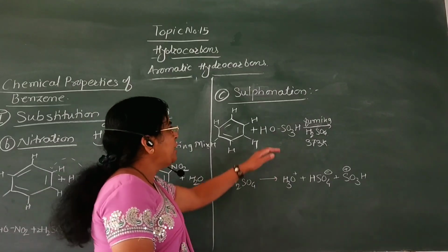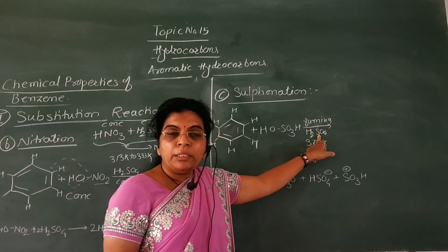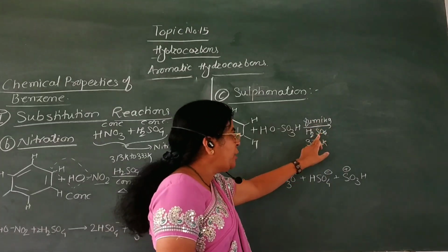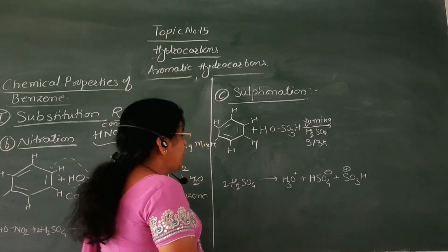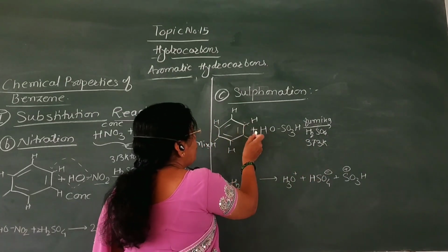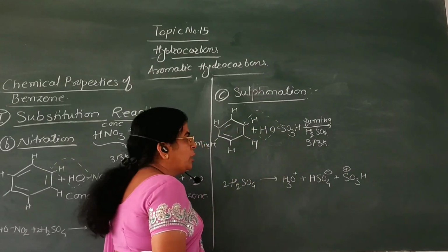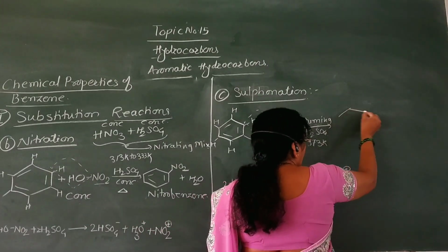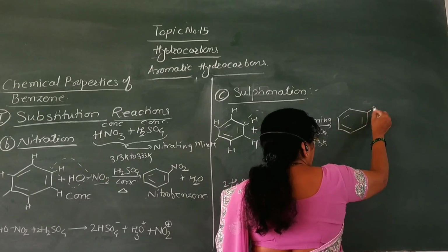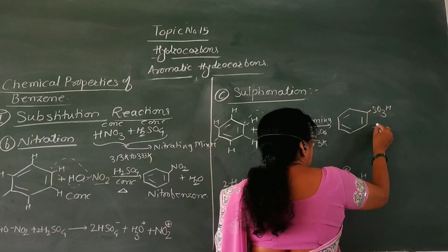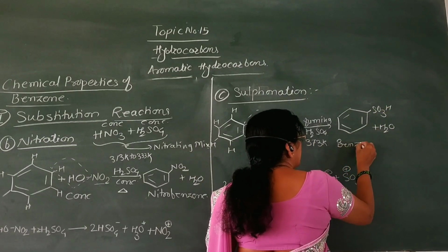When benzene is treated with fuming sulfuric acid, or when benzene is heated with fuming sulfuric acid at 373 Kelvin temperature, then the hydrogen atom from benzene is substituted by the SO3H group. Here formation of benzene sulfonic acid plus H2O takes place. This is benzene sulfonic acid.